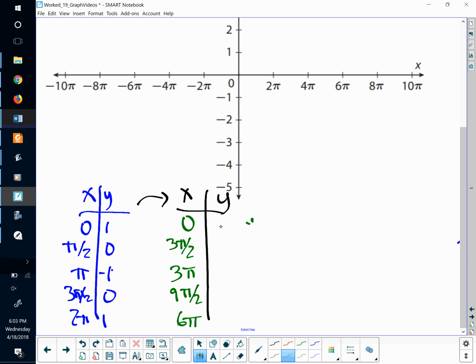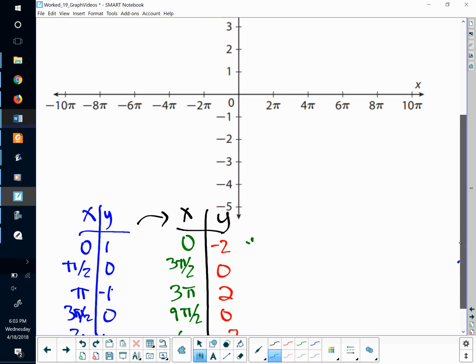When you multiply the y's by negative 2, we get negative 2, 0, positive 2, 0, and negative 2. So that's all of the x's multiplied by 3, all of the y's multiplied by negative 2.